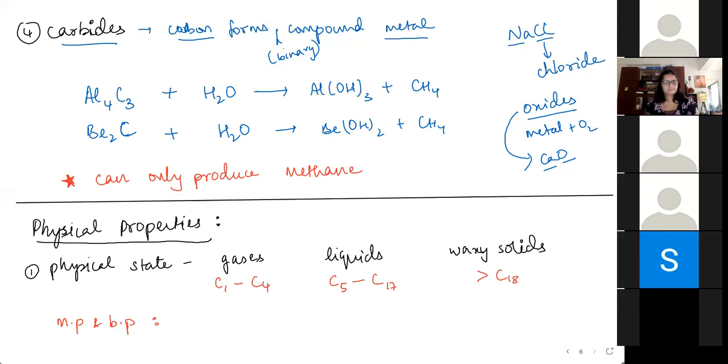The longer the carbon chain, the higher the melting and boiling point. Simply put, melting and boiling point increase as the number of carbons increases. The higher carbons all have greater melting and boiling points, and the smaller ones will have lower melting and boiling points.